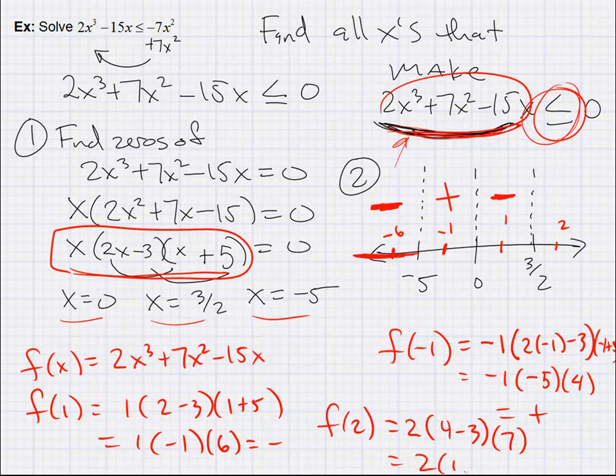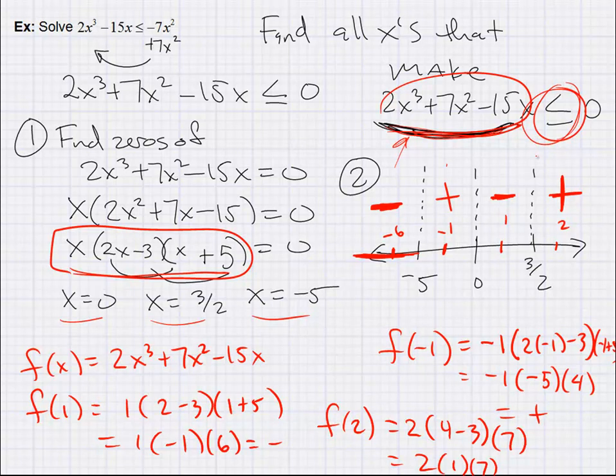So 2 times 1 times 7, positive. What you don't want to do is to say, well, look, they're alternating sign, negative, positive, and say, alright, well, if the first one's negative, then I can just fill in the rest from there. That's not necessarily the case. You may get 2 positives, you may get 2 negatives, so look at that.